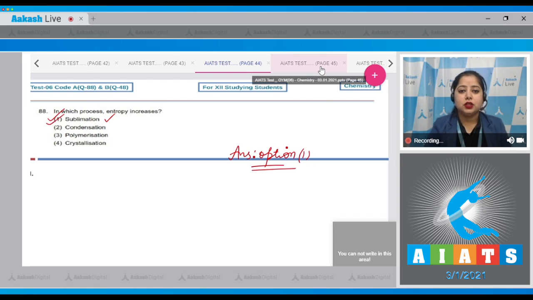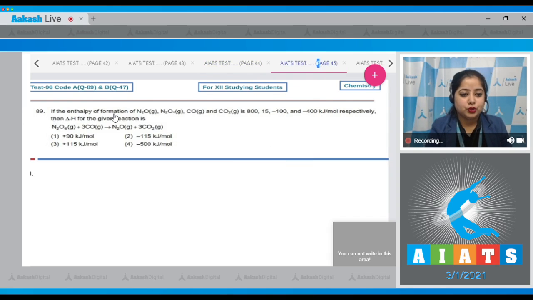Moving to next question, which is 89. Let's read it. If the enthalpy of formation of N2O gaseous, N2O4 gaseous, CO gaseous and CO2 gaseous is 800, 15, minus 100 and minus 400 kilojoule per mole respectively, then delta RH for the given reaction is, we are given with the reaction that is N2O4 gaseous plus 3CO gaseous gives N2O gaseous plus 3CO2 gaseous.